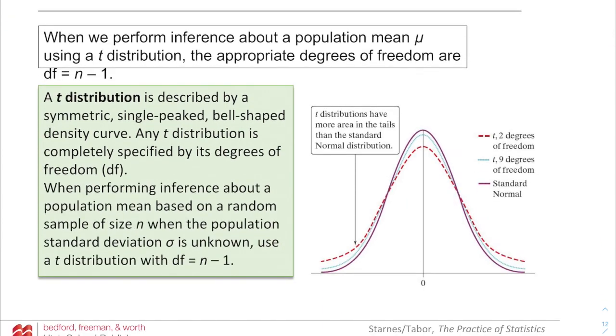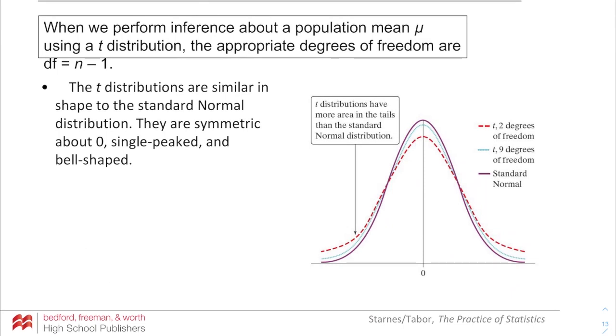So we also talked about the t-distribution having more area in the tails in comparison to the normal distribution. So you do have a different chart that you're looking at, and it also means you have a different program in your calculator that you're using.